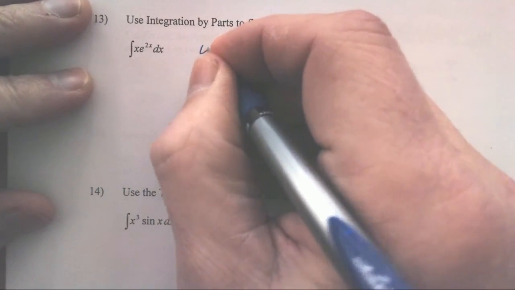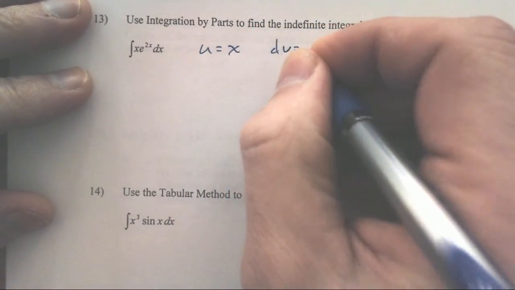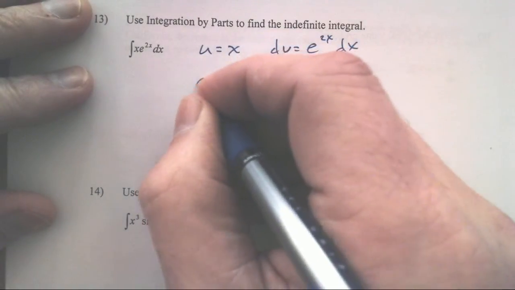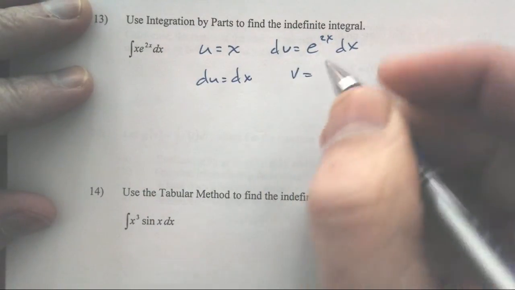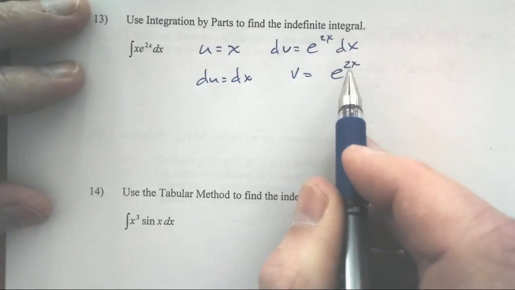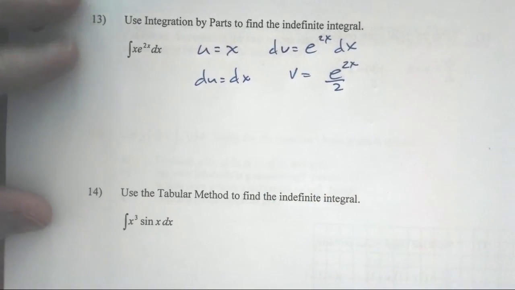So u is x, dv is e to the 2x dx, making du 1 dx, making v e to the 2x, but the derivative of e to the 2x is e to the 2x times 2, so we need to be on 2 here.